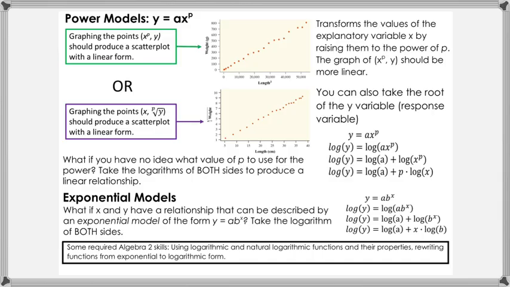You might have a data set that involves an exponent. So you would be in the situation right here, all of your x values are going to be raised to the power of p. P is just some arbitrary number that allows the data set to come out more linear than it would otherwise. Likewise, in the purple example here, you could take the square root of your y values, and that would allow a more linear pattern to be produced.